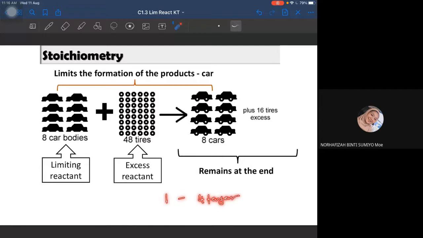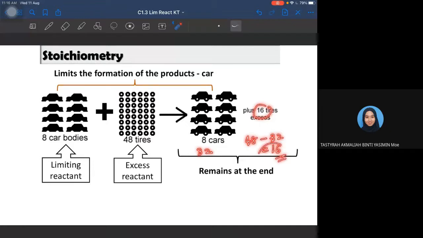Okay, so kita ada 48 tayar. Yang digunakan berapa? 32. Berapa tayar yang digunakan? 32, yes, thank you. So, lebihan ada 16, macam mana kita dapat? 48 tolak 32 dapat 16. So, ini adalah excess lah.